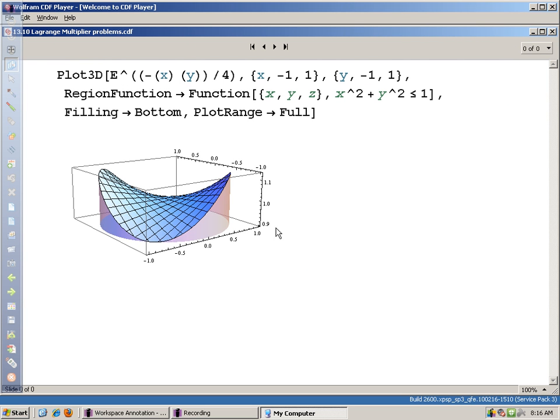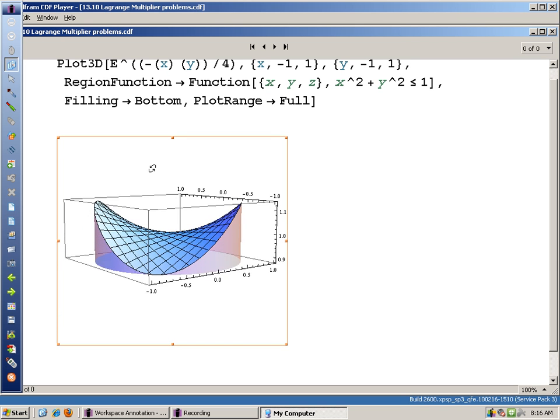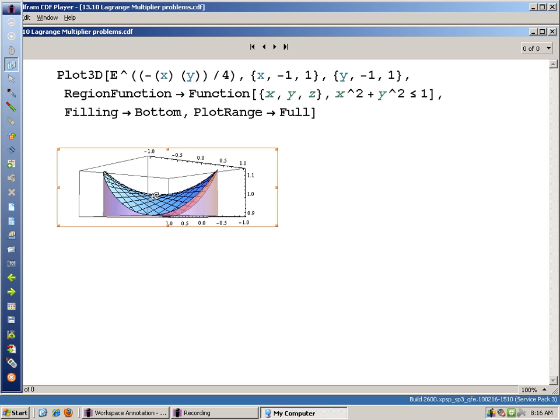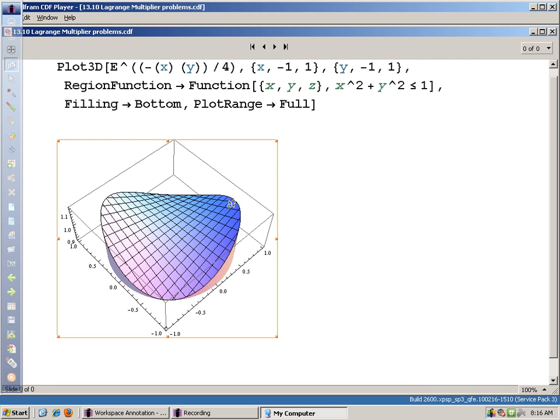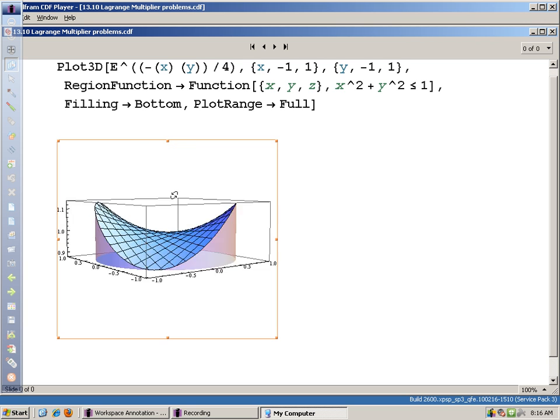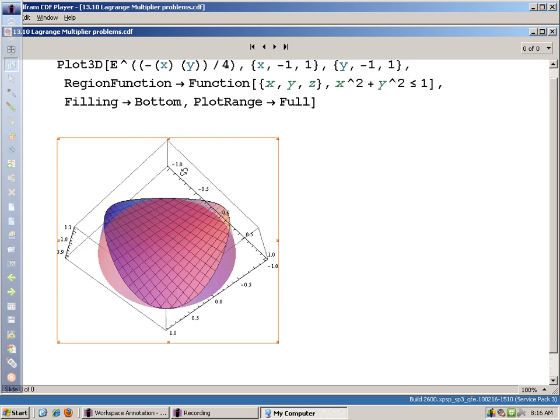So there's our surface. And our saddle point here at 0, 0. And our maximum here, and the circle is our constraint, x squared plus y squared equals 1.